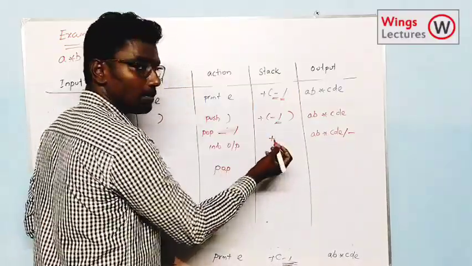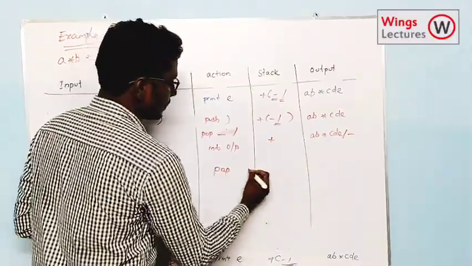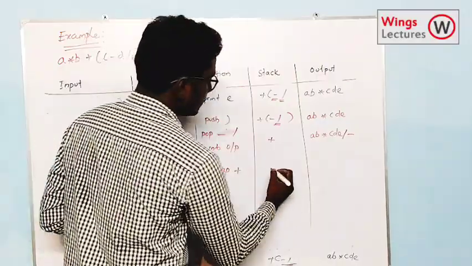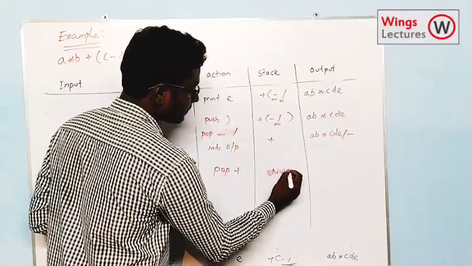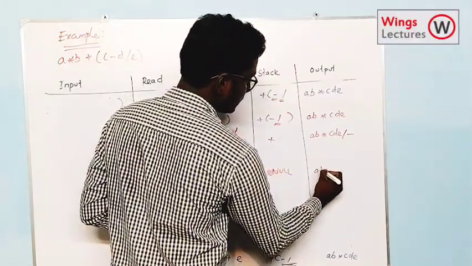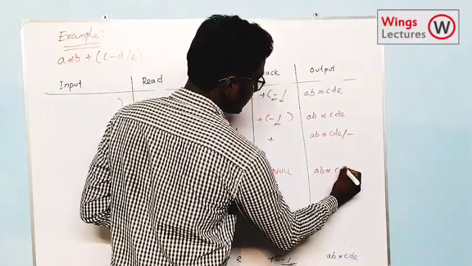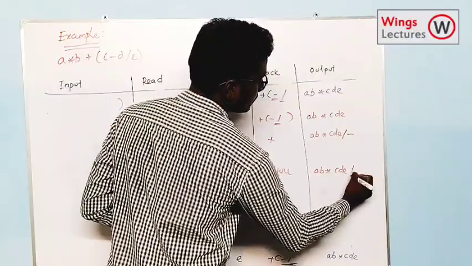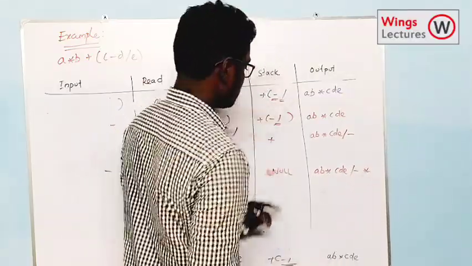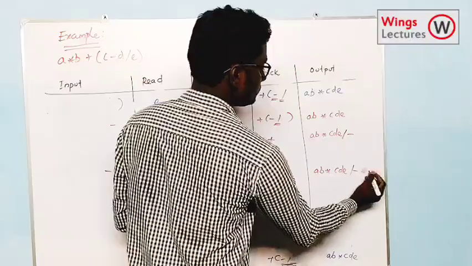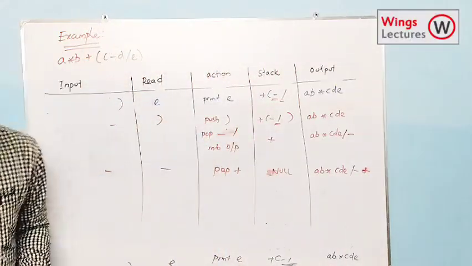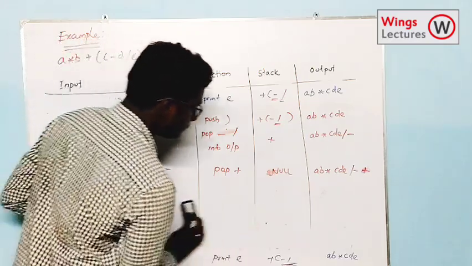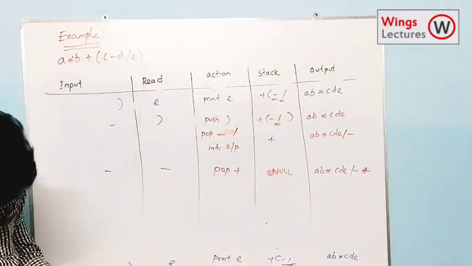So we have only one operator left in our stack, so I'm going to perform pop plus, then the stack will become null, then A B star C D E plus. That's the output of the given expression.